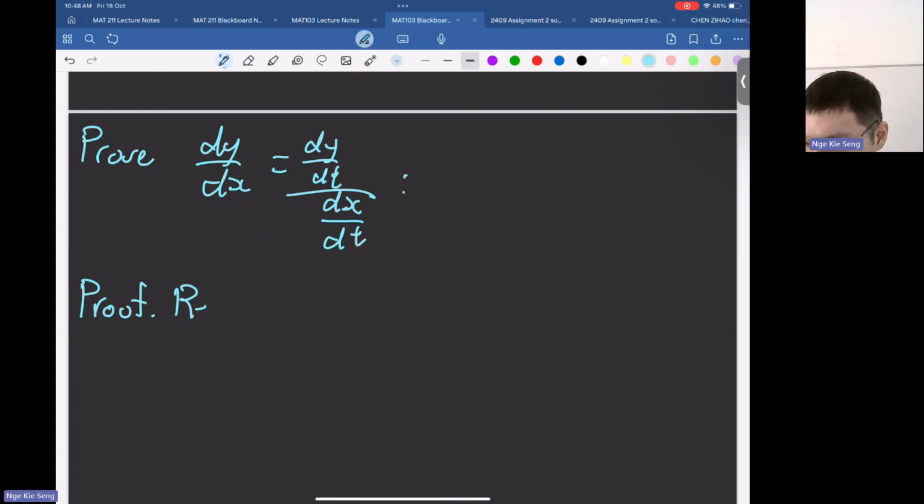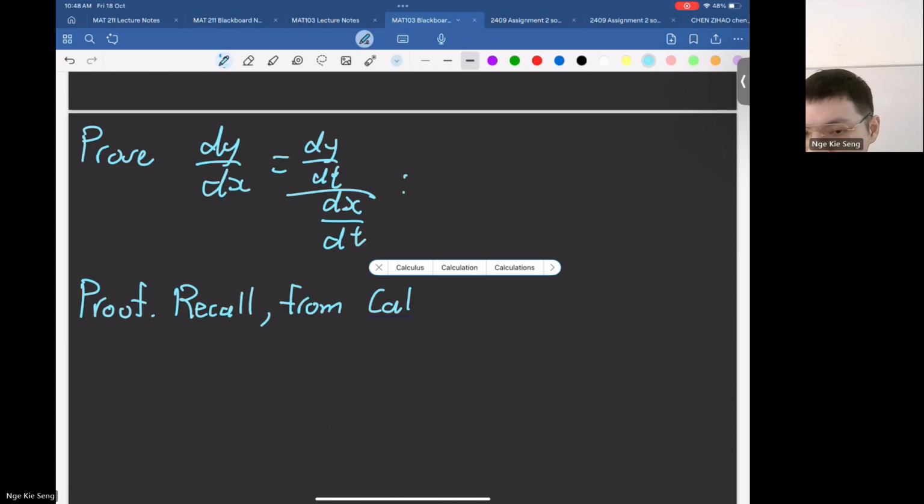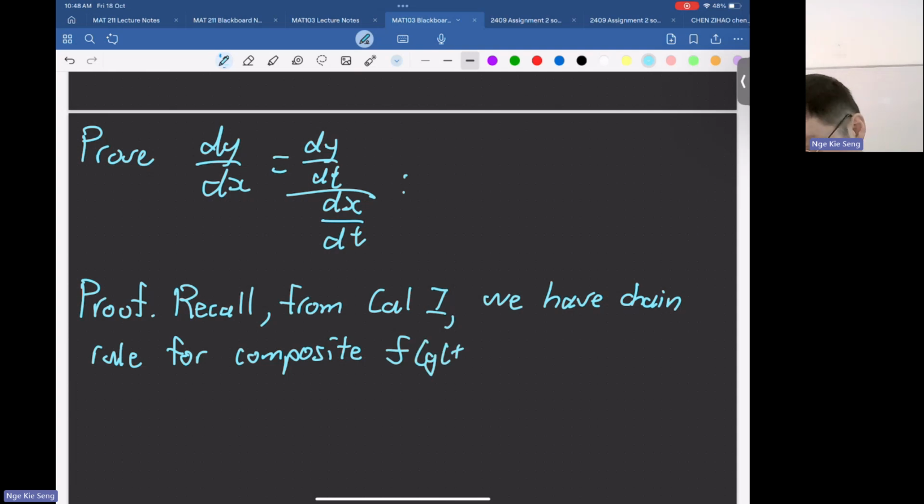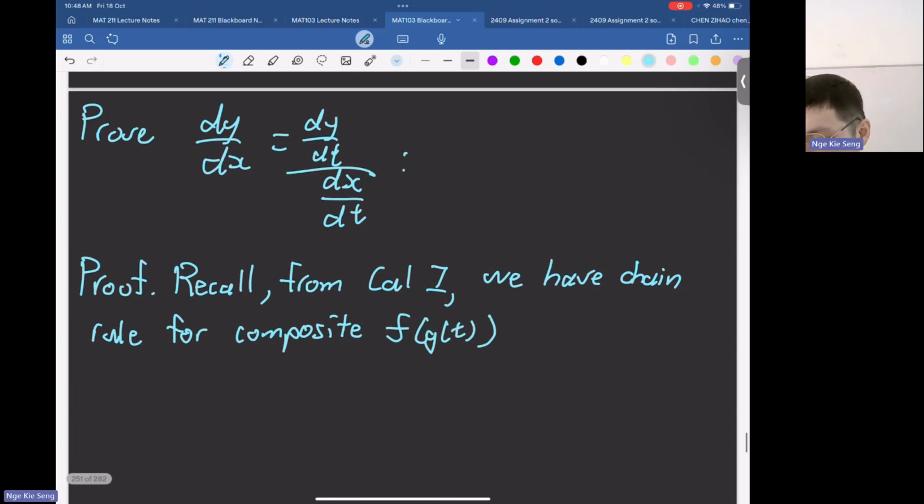Recall first, from Calculus 1, we have the chain rule for a composite function, for example f of g of t, for differentiable f and g.